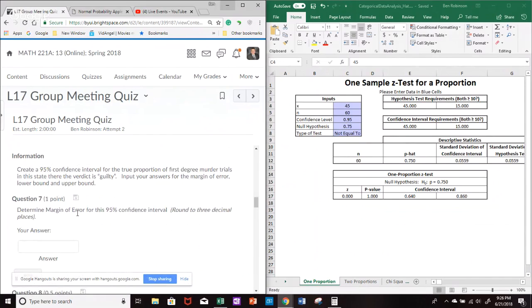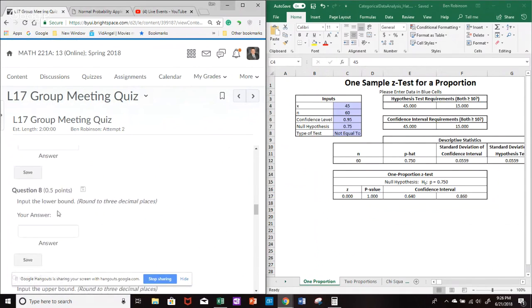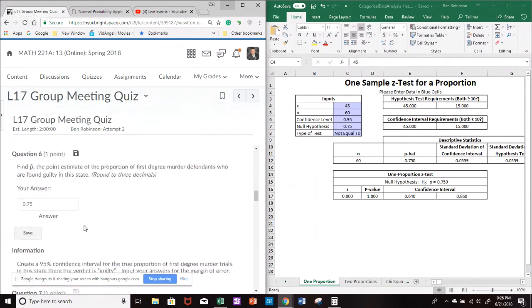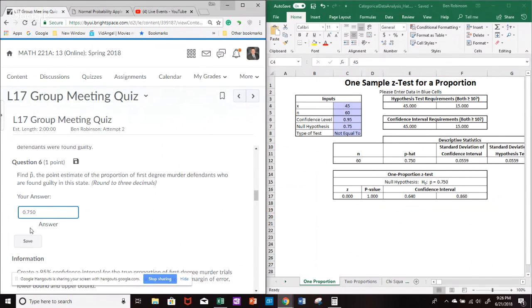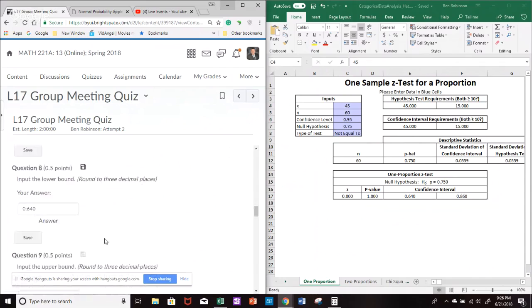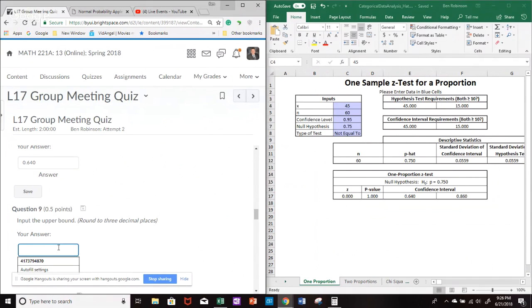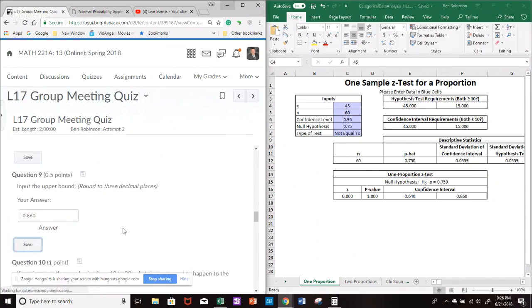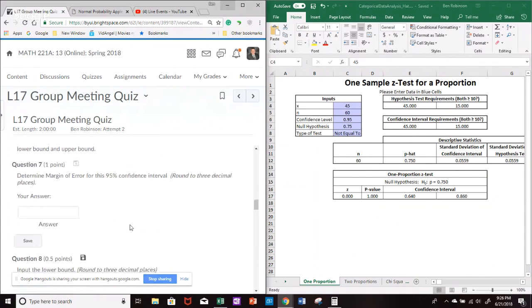So you answered this one right here, the lower bound, yes, 0.640. And then the upper one, 0.864. So now we can do the margin of error here.